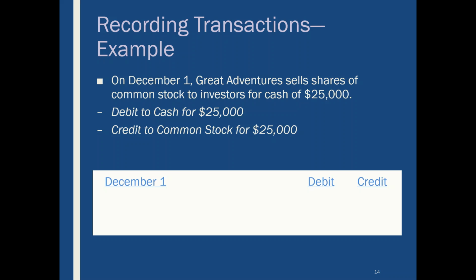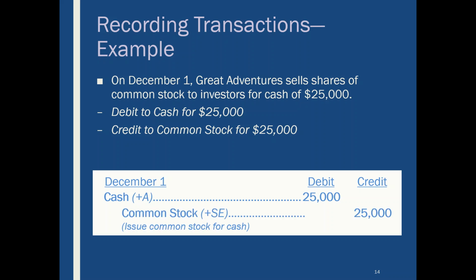And so we're going to increase the common stock. So as Apple, now I'm not thinking about this from the investor side, from Apple's side, they're getting $25,000 because somebody just invested in their company. So you can see that they're going to increase their cash. Remember, cash is an asset, so they increase it with a debit, right? And they also increase their common stock.